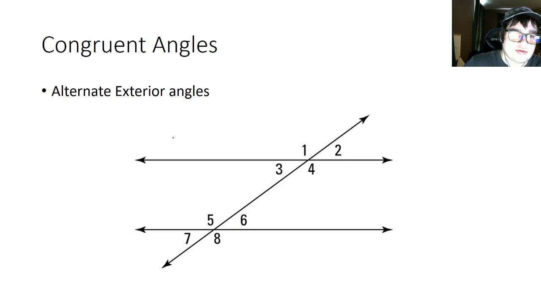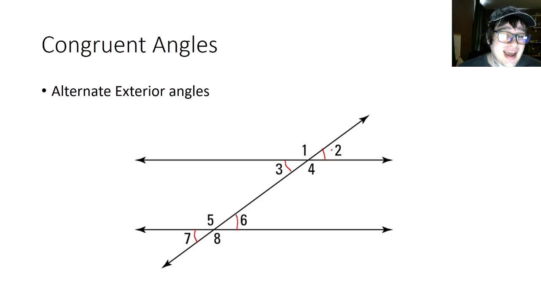So the next things we have for congruent angles are alternate exterior angles. Well, if I know that 3 and 6 are congruent since of alternate interior with vertical lines, I also know that 3 is congruent to 7, and in addition, 3 is congruent to 2, and 6 is congruent to 2.